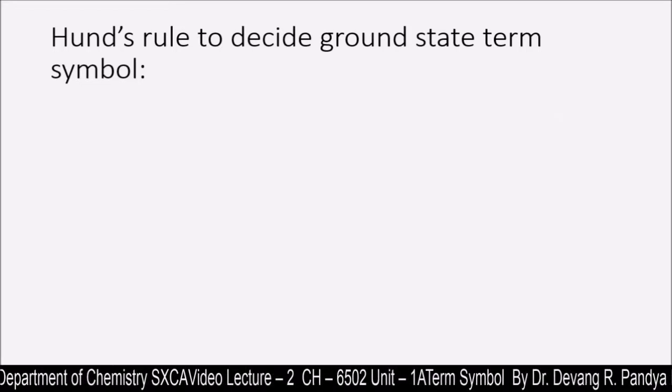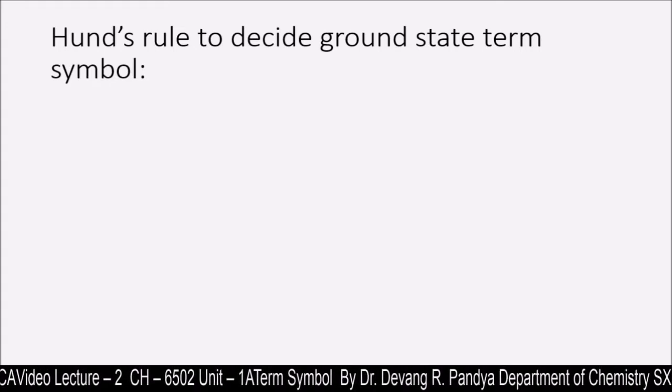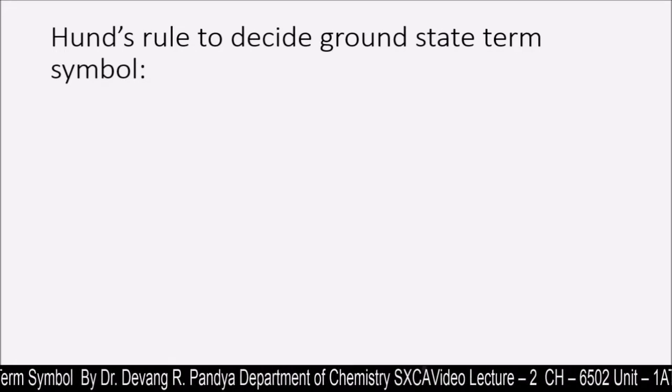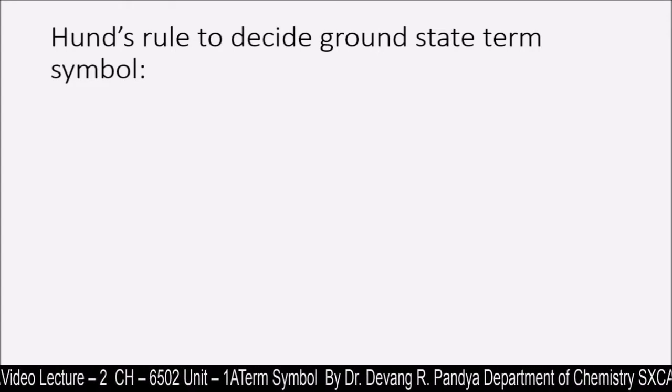There are certain steps involved in the identification of the ground state term symbol. And then we will discuss two important concepts, the pigeonhole diagram for the p2 configuration and the d2 configuration. So this much is there in this part of term symbol unit 1A.